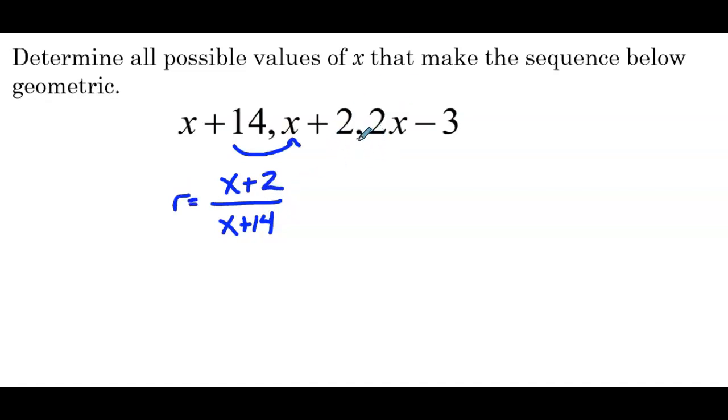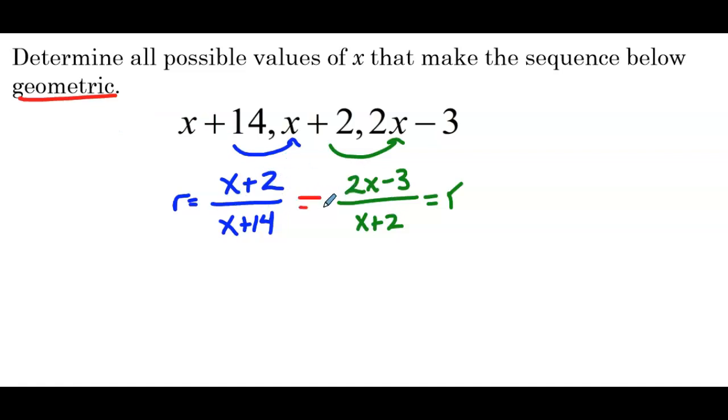And then between these two terms, to find that common ratio, I would take 2x minus 3 and divide it by the term that comes before it, which is x plus 2. That also is the common ratio. Well, if both of these are the common ratio and this sequence is geometric, then these two common ratios have to be equal.